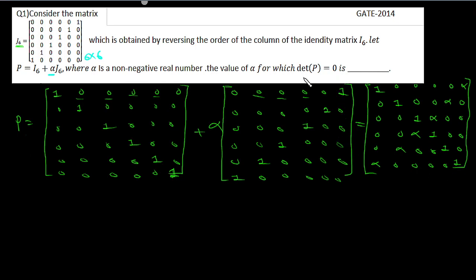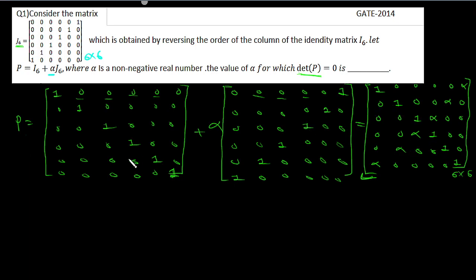Now they are asking for the determinant of this matrix P to be equal to 0. So we have to find the value of alpha such that the determinant of this whole 6 cross 6 matrix will be 0.